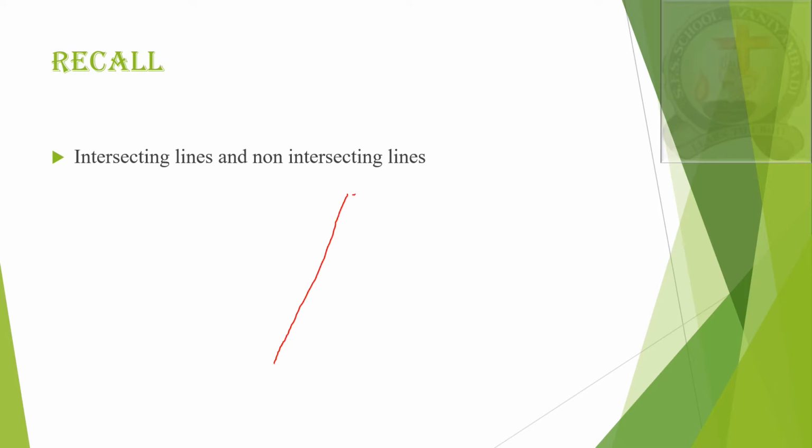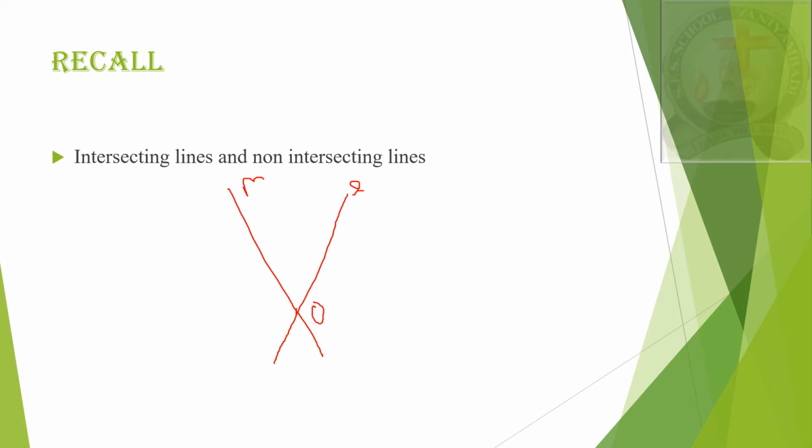Suppose, for example, I take a line called L. I'll take another line called M. As you can see here, the lines L and M meet at some point.